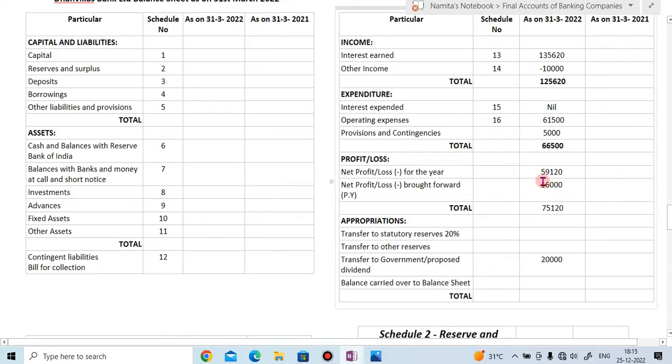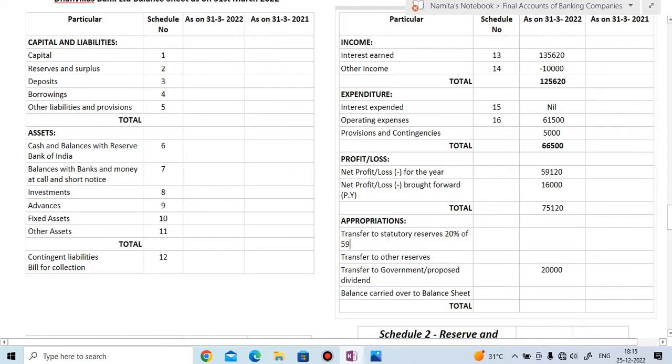So how much is the profit for the current year? 59,120 is the profit. So 20% of 59,120. So it will be how much? 11,824.